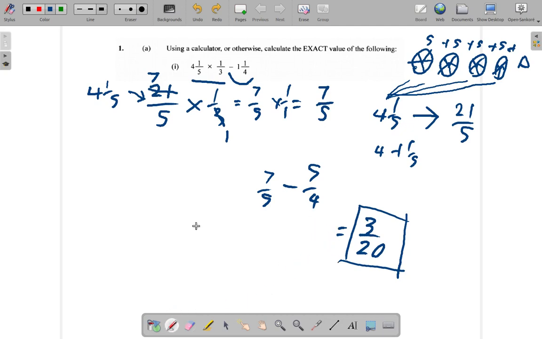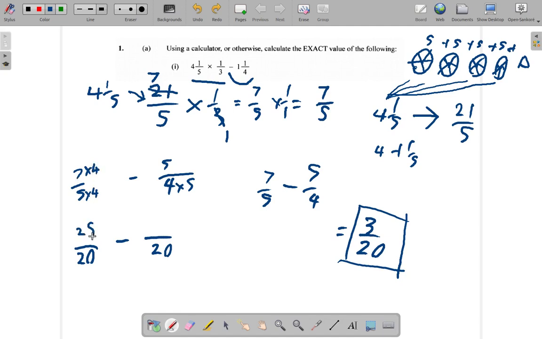This is 7/5, and we want to subtract 5/4. What we will try to do is get the same denominators. So 7/5 minus 5/4. If we multiply 5 by 4, we get 20. So something over 20 minus something over 20, since if we multiply 4 by 5, we get 20. If we multiply by 4 under here, we multiply by 4 above here too.